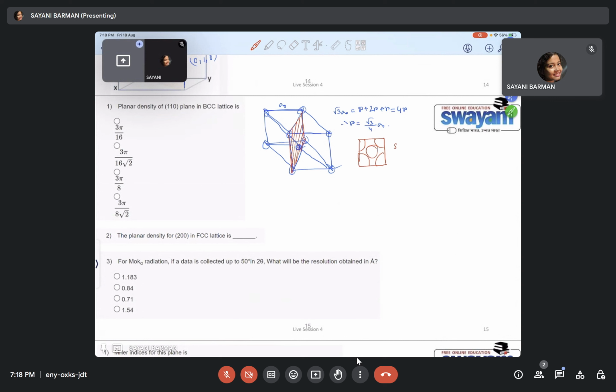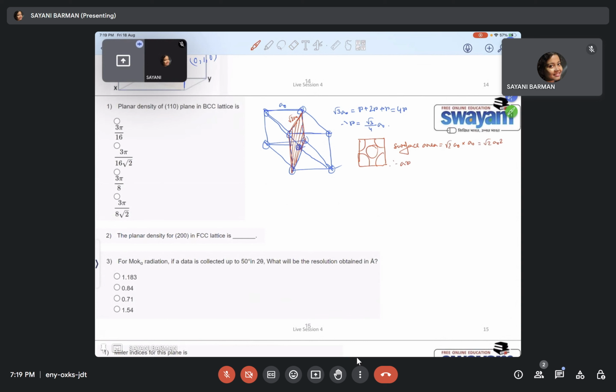The surface area would be, how much is this? This is root 3 A0, right? Sorry, this is not root 3, this is the face diagonal. So this would be root 2 A0, and the other side root 2 A0, so the surface area is root 2 A0 square.